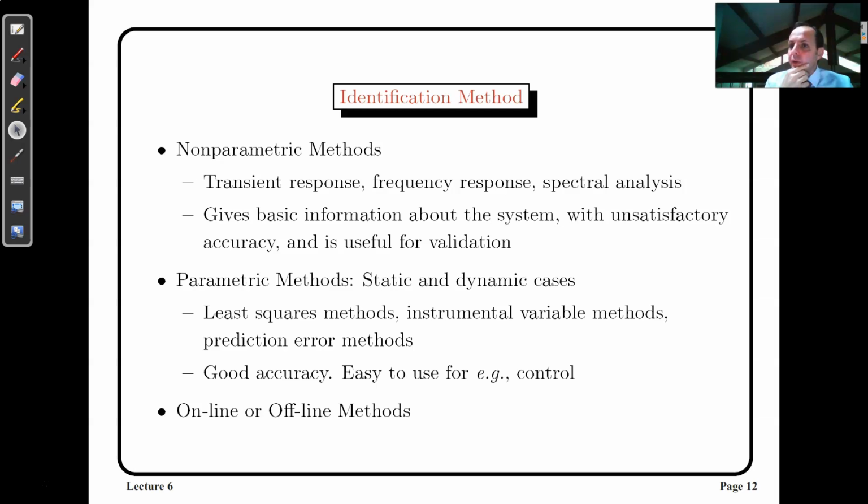Why are we using these descriptions? Because they give you some basic information about the system, for example the time delays, the main delays. So they can also be used for validation.